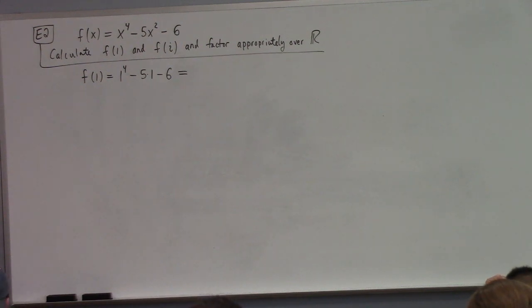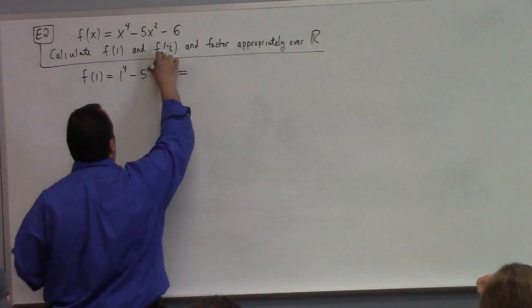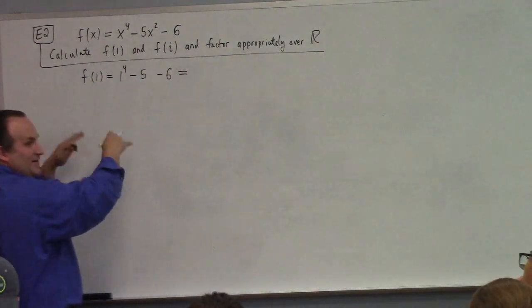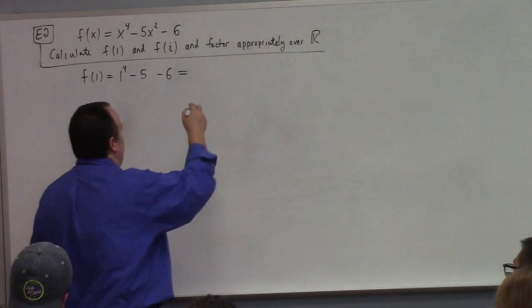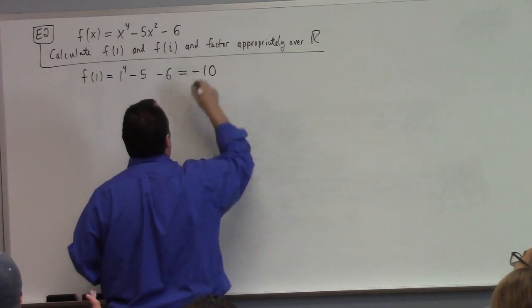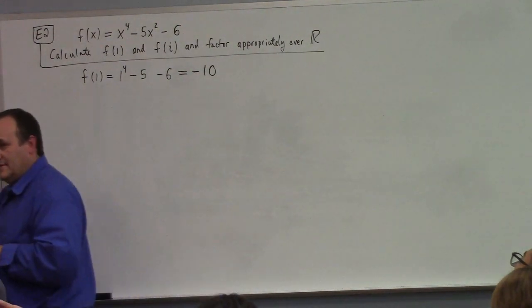That's not 51, that's 5 times 1, which is 5. Let me just leave it as 5, it's less likely to confuse. That looks like minus 10, right? Is minus 10 zero? Well, it is not.